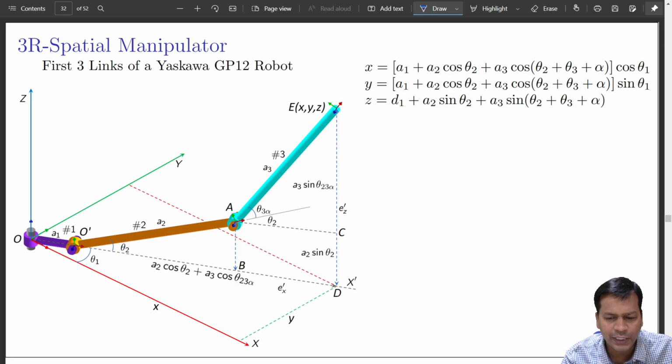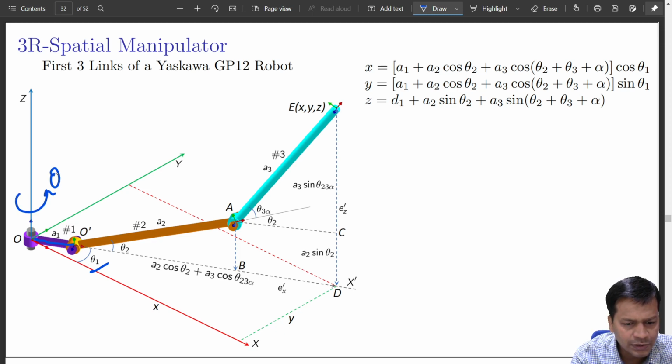Now I'll simply tell you. This is your theta 1, that is the first link, 155 length. It moves in this, this is theta 1. It is on the plane xy. This link always lies on that plane.